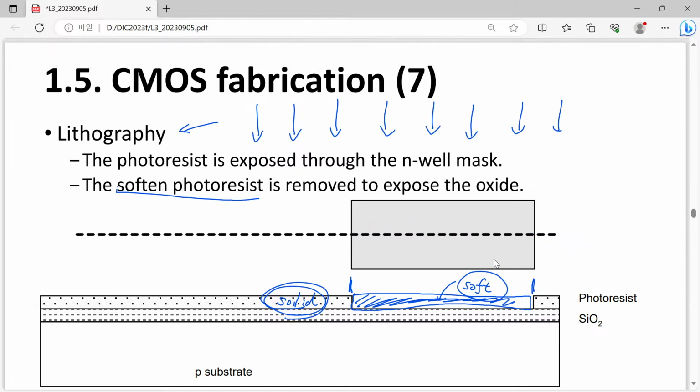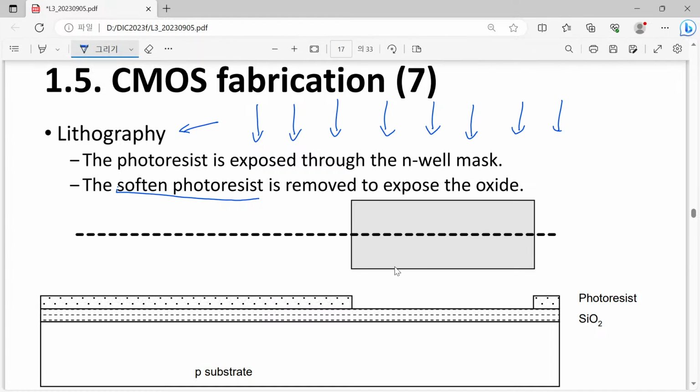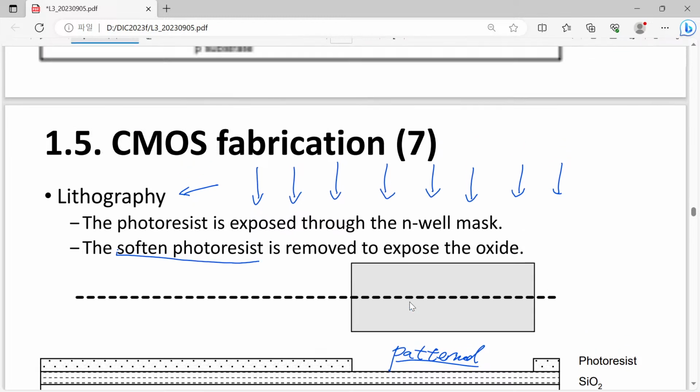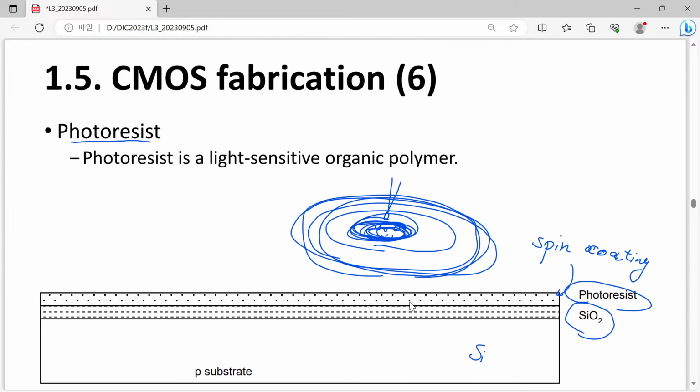We have a specialized chemical to remove it. This chemical removes only the soft photoresist, and the solid, rigid one is still there. Okay, when we have such a thing, then we say that it is patterned. So please note that previously, up to here, there is no pattern.